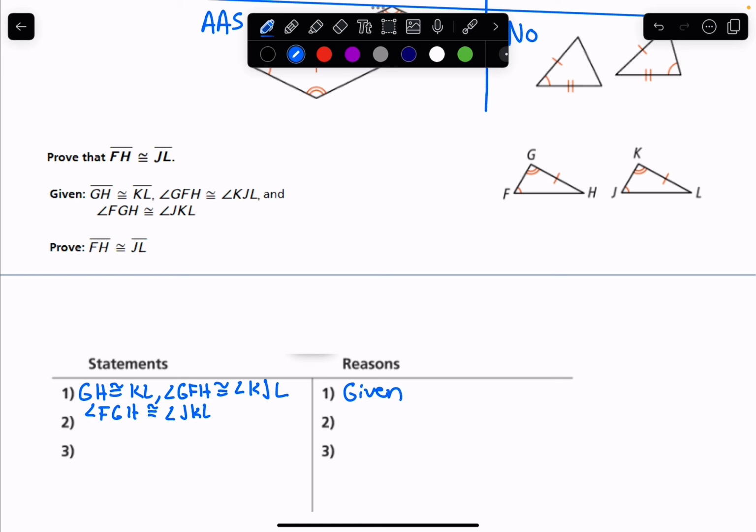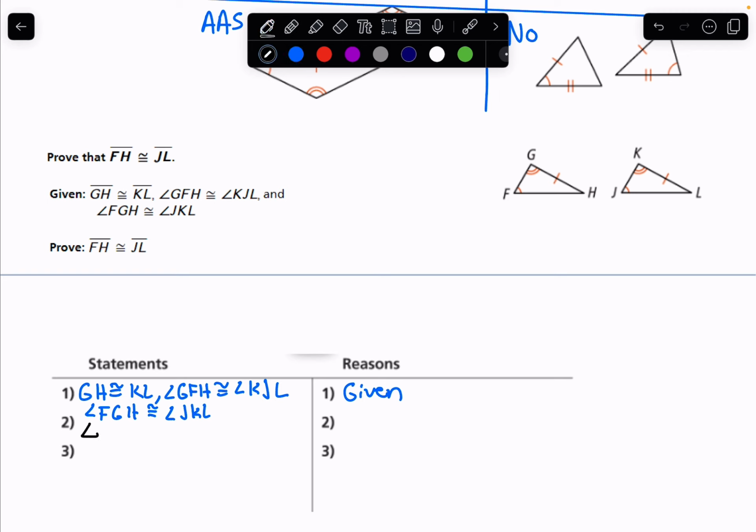With that given information that's already marked on the diagram, we see that these are in an angle-angle-side or side-angle-angle pattern. And since angle-angle-side or side-angle-angle is one of our congruency criteria, then we can say that these two triangles are congruent. Let's make sure we write their names right.